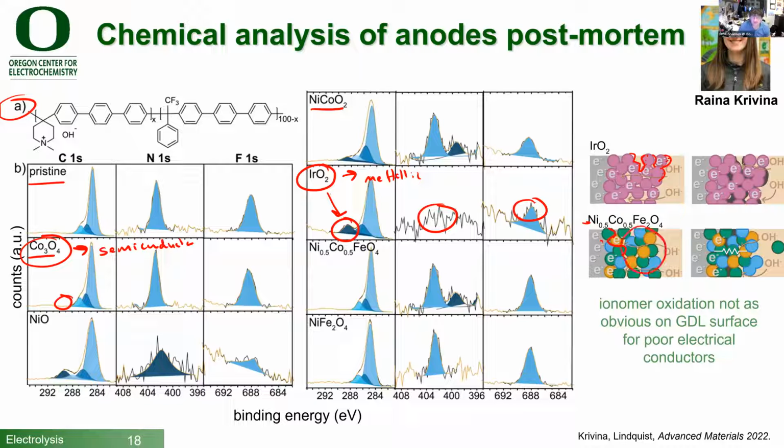So most of the polymer stays undegraded, but it doesn't do you any good. It doesn't make your device more stable, because this region of the electrode is just simply not active for making oxygen anyways. So you have to be a little careful interpreting these data, as you have to understand what the electronic properties of your material are and how that affects the chemical changes you see in your anode.